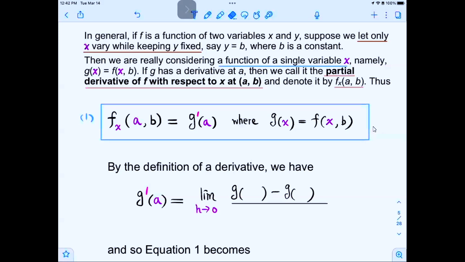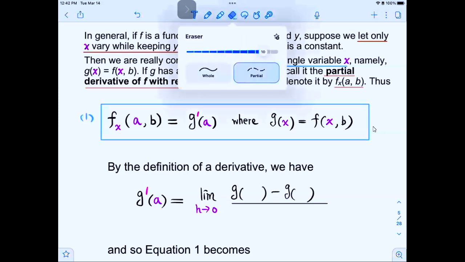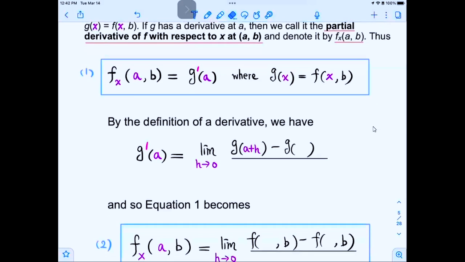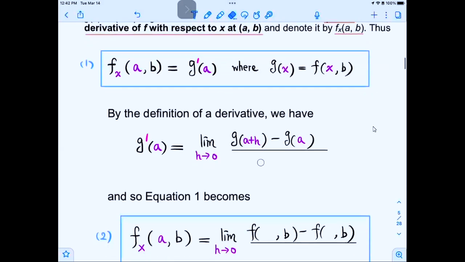This here is changed. So by the definition of derivative, what's g prime of a? So today we go over and over the definition for derivative. What should I put as this quotient here? Limit of g of what? Well, g of a plus h minus g of a over h, right?